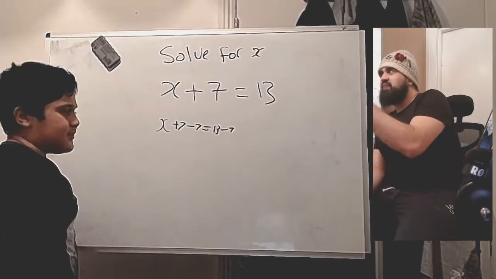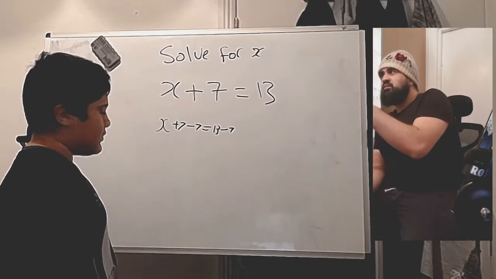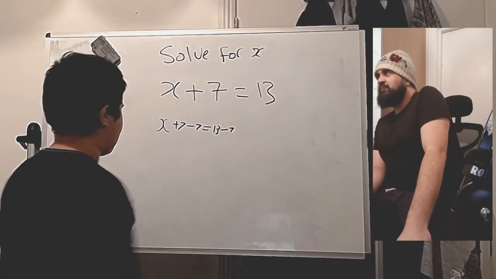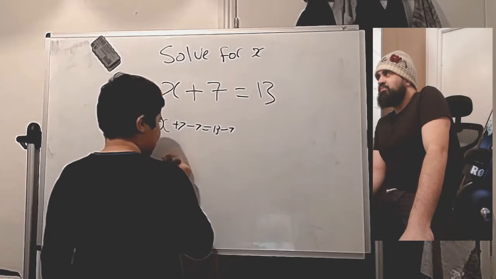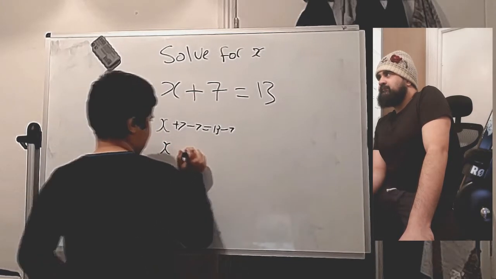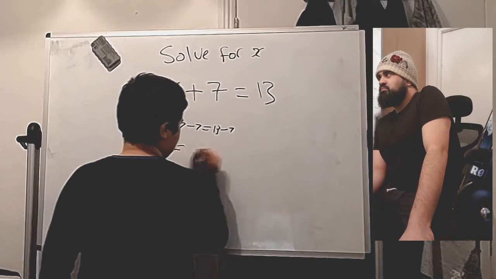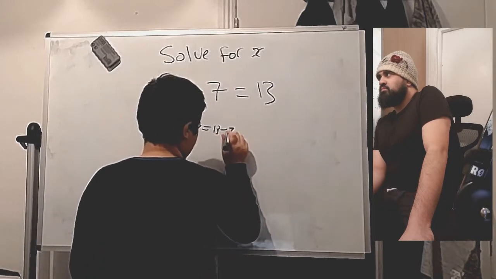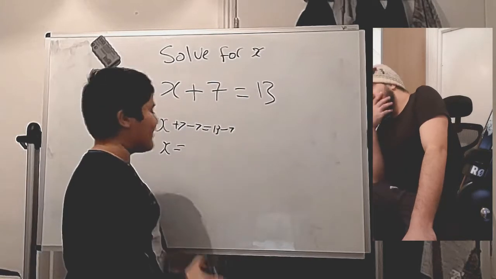So you've got x plus 7 minus 7 equals 13 minus 7. Okay, now step 2 is x equals 13 minus 7.